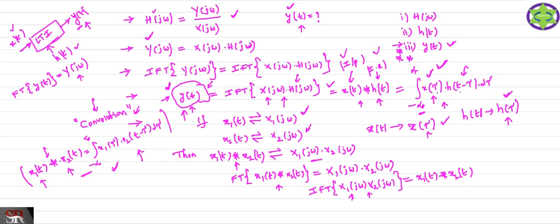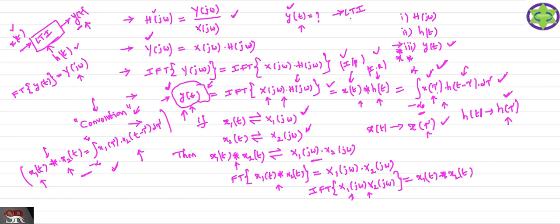You multiply x of tau and h of t minus tau and perform the integral operation with respect to d tau, so that we get the output signal y of t. So this is all about the response of the LTI system, how to find the response of the LTI system. With respect to LTI system, here we have three major problems.